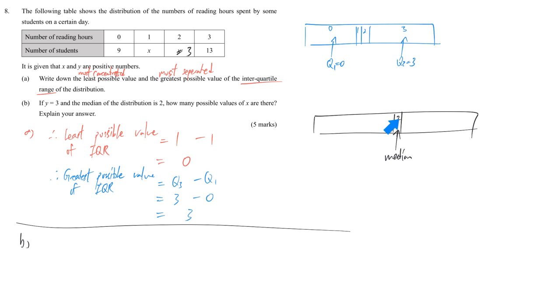If this is the first 2, that means we have 9 together with X numbers on the left hand side, and then we count the first 2 here. We still have 2 more, so we have 2 values together with another 13 values.